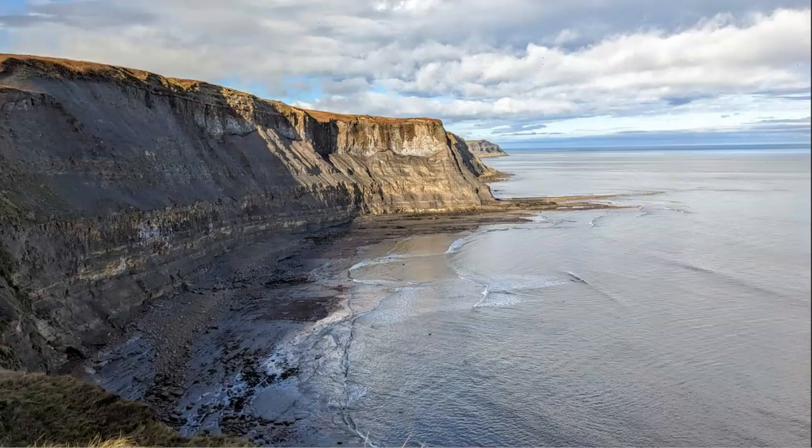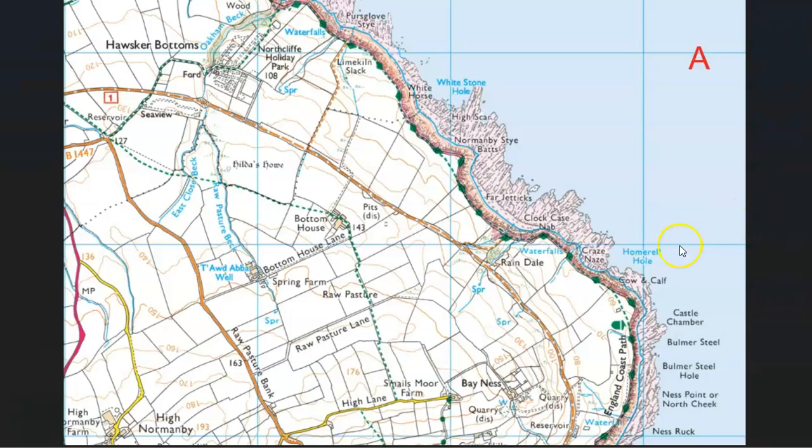What about, could I be on map A? Well, yeah, the first bay that we're looking on, could I be looking from here across to this headland, or from here looking across there? I think this is a good key to look at. This rocky ground below the high water mark, but sticking out to sea.